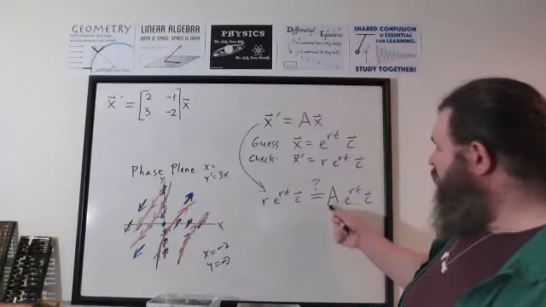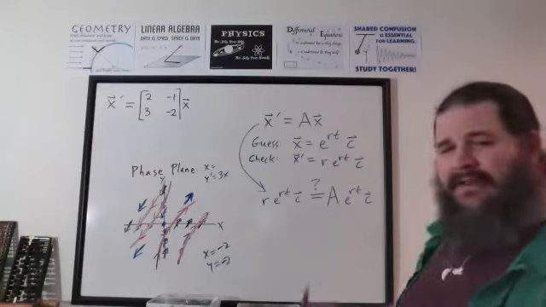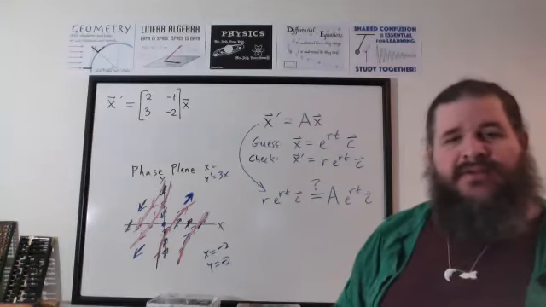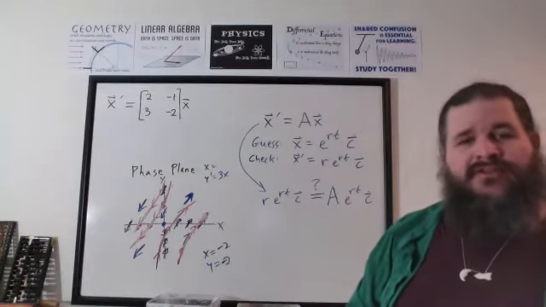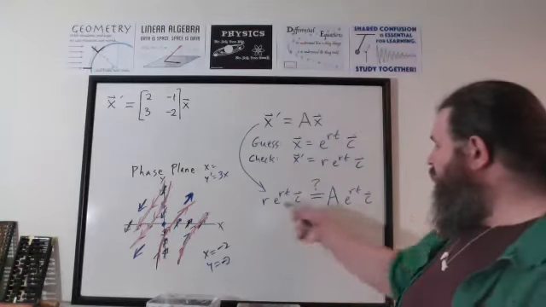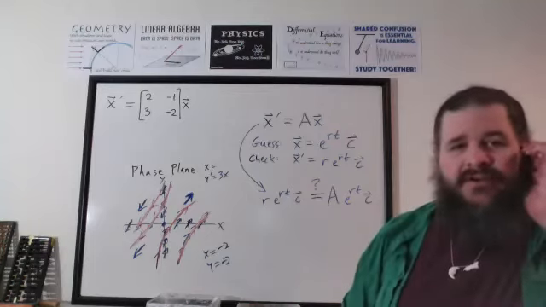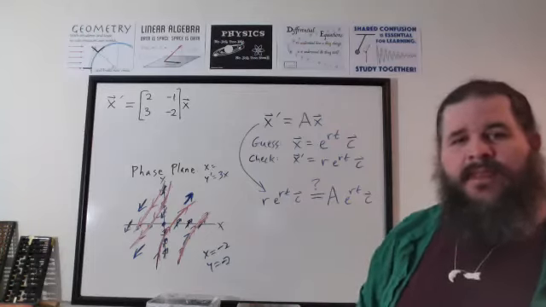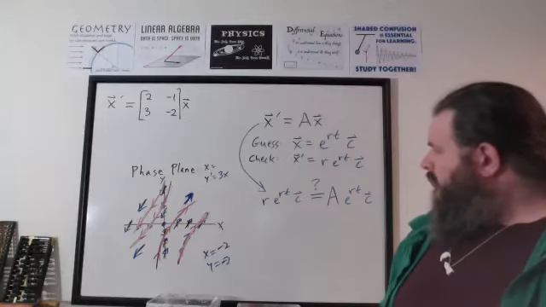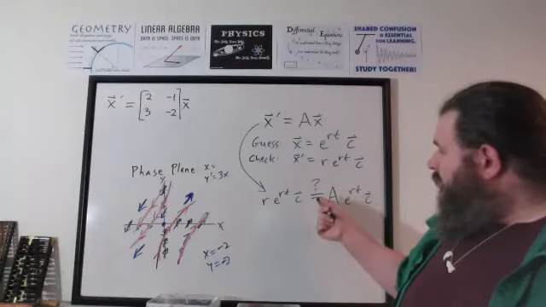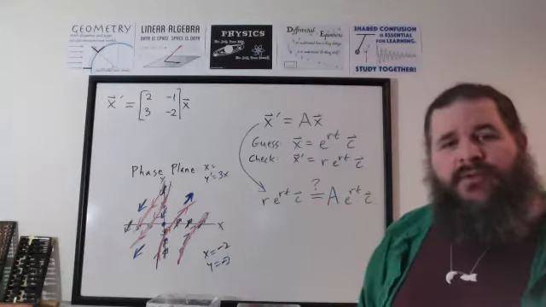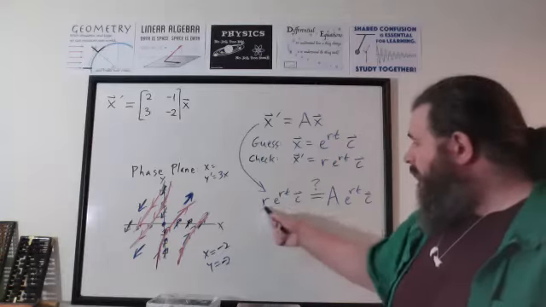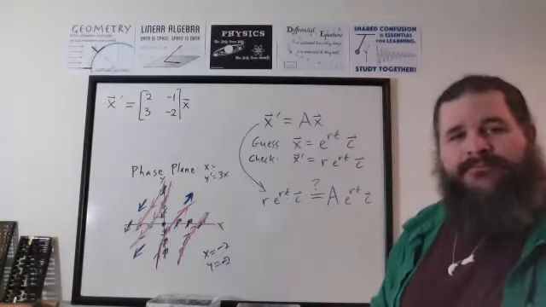And if you multiply matrix A times c and then multiply by e to the rt, you also get a vector composed of exponential functions. So both sides of this equation result in a vector function with exponential components. So it at least seems reasonable that these could be equal. But we also want to figure out what has to be true about r and c to make it equal.